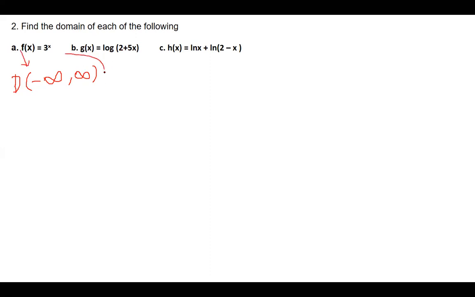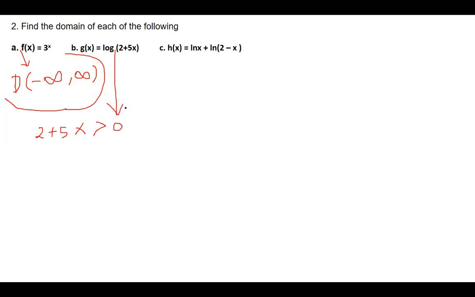Now let us find it for the second question. g of x is equal to log of 2 plus 5x. In other words, what is in the brackets there is not supposed to be less than or equal to 0, meaning that 2 plus 5x should always be greater than 0.